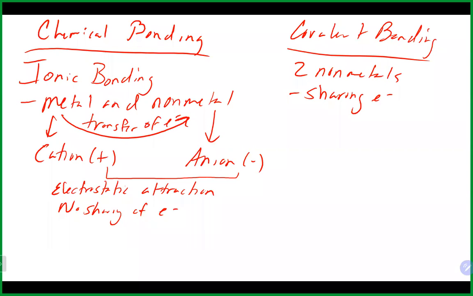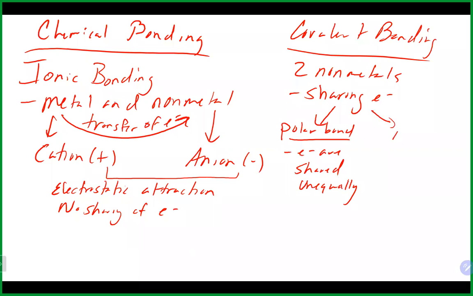As we talked about, there are really two categories of covalent bonding. There is a polar bond, which basically means that the electrons are shared unequally.